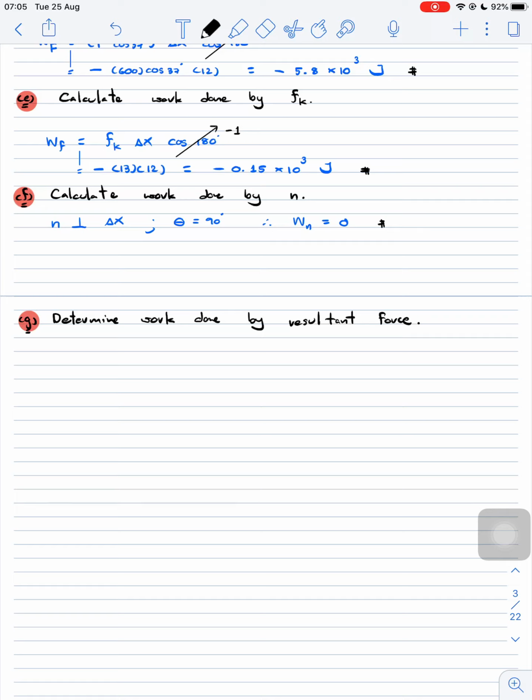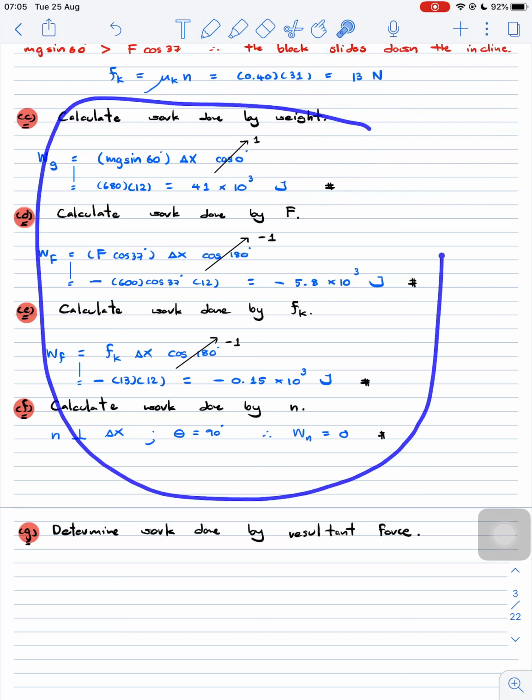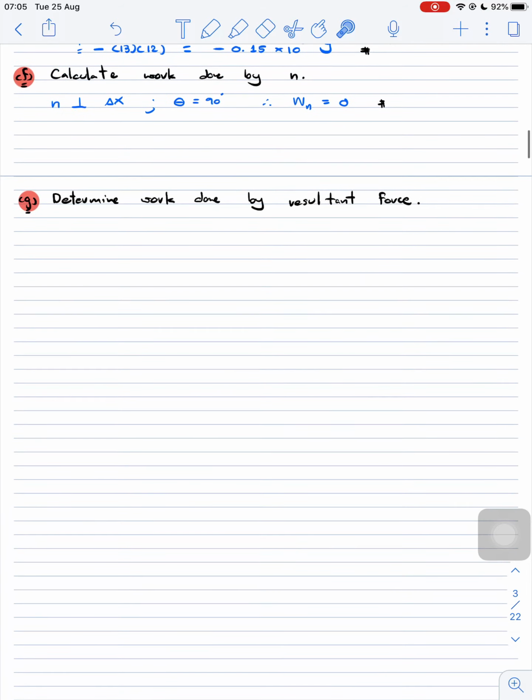The first one is we just find the resultant force and then find the work done by the resultant force. That's quite simple. Or the second approach is we just combine the work done by all the forces acting on the object, and that's it, right? Then we should get the same answers as well. Then let's do approach one.